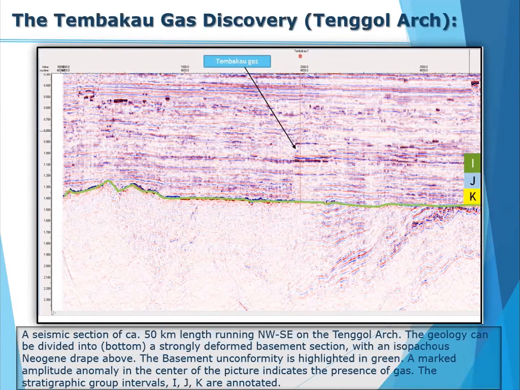Then we said, well, it might come from deep down in that arch, maybe a Mesozoic or Paleozoic system. But the typing of the gas is very clear, and it shows affinity to Tertiary rock.